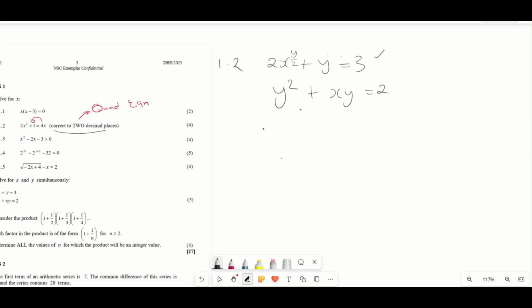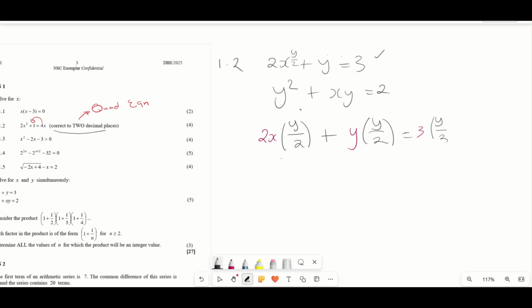So by doing that, what I will have is I will have 2xy. Let me just put this here. Okay, so I'll have 2xy multiplied by y half, and then plus I'll multiply everything by y half, so I'll have y multiplied by half y, which is equal to 3 multiplied by y half.